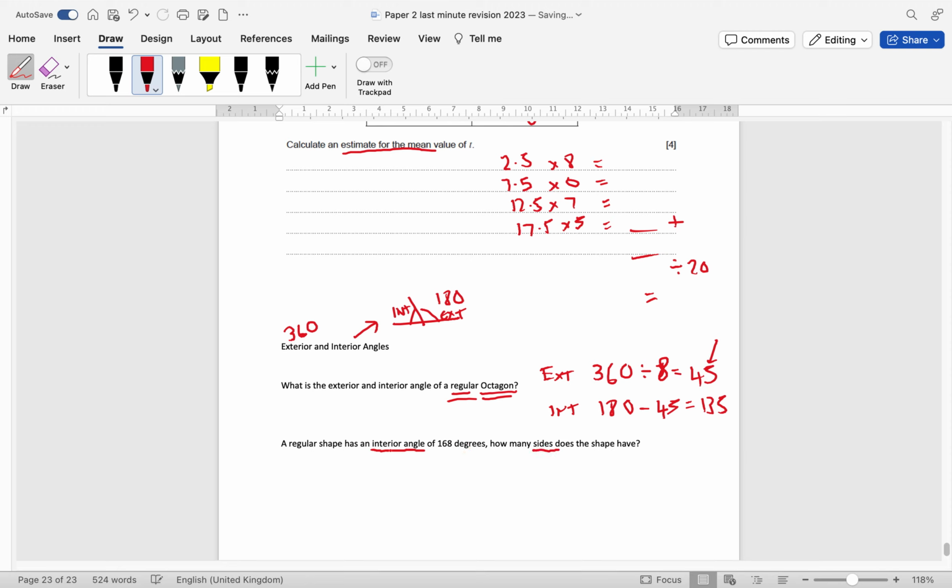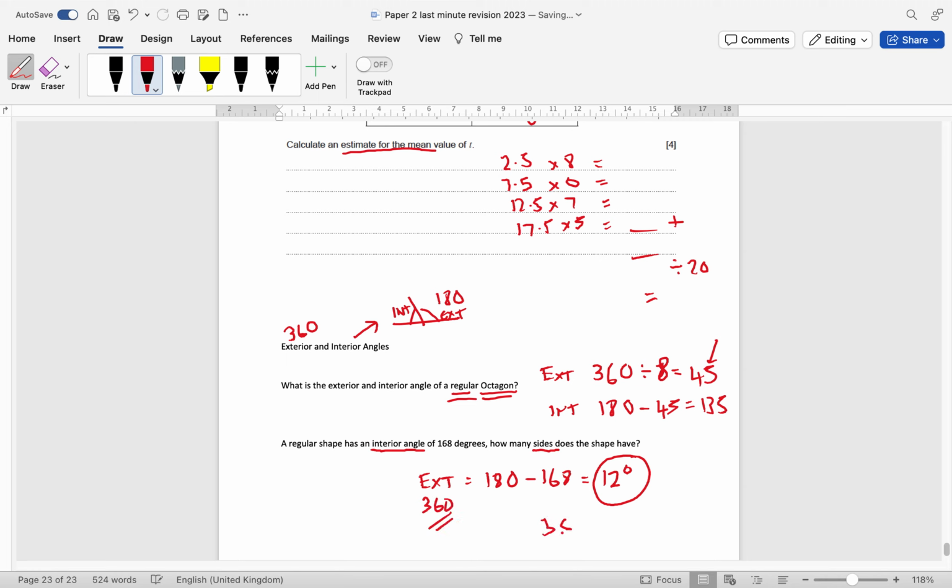The interior won't help me. Don't know what the interiors add up to. So as soon as I see interior, I'm like, let me just take that away from 180 and work out the exterior. So the exterior angle of this shape must be 12 degrees, right? Exteriors add up to 360, and each one of ours is 12.